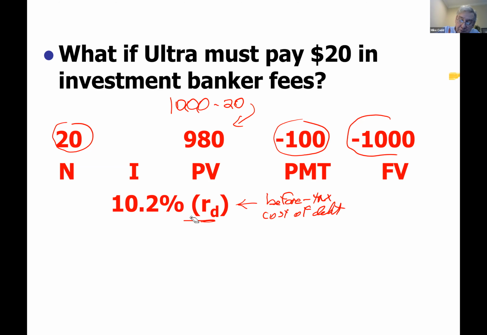That's what it is. But businesses get to deduct interest expense for tax purposes. So whenever they pay interest expense to a bondholder, that reduces their tax bill to the government. There are tax savings.